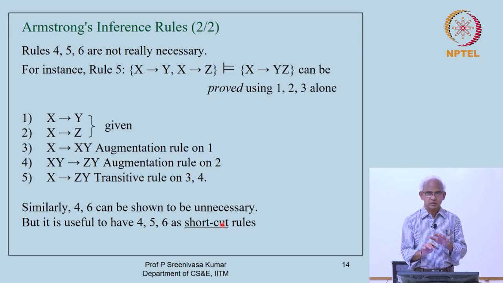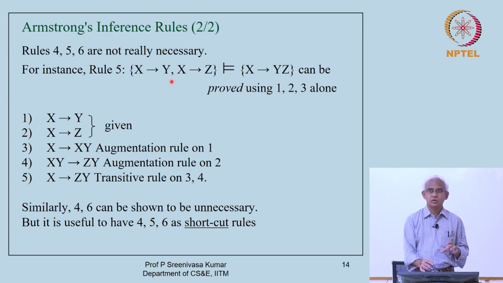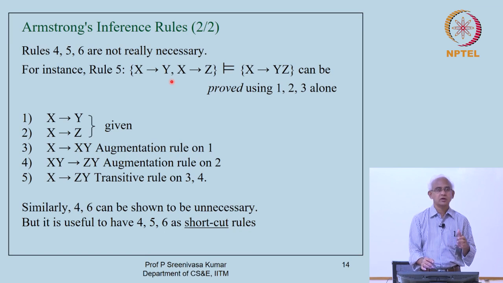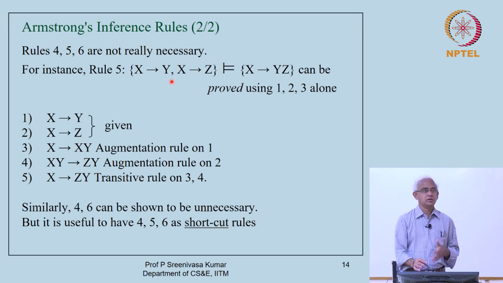In order to understand this, we have defined a notion called logical implication among the sets of functional dependencies, and we call that entailment. After defining this entailment relation, we have seen that there are 3 rules, the reflexive rule, augmentation rule and transitive rule, using which we can derive other functional dependencies.